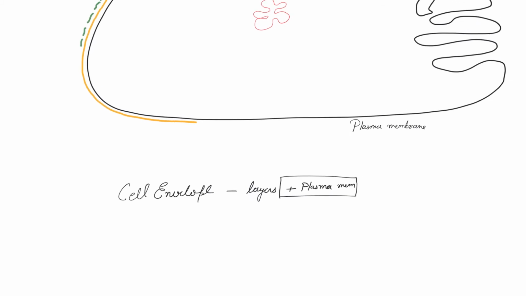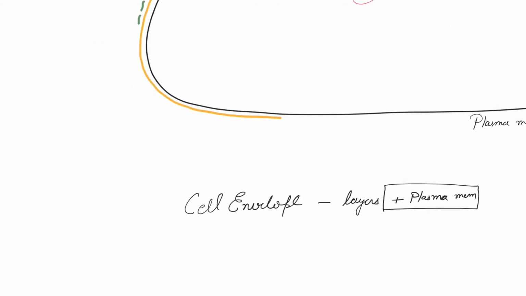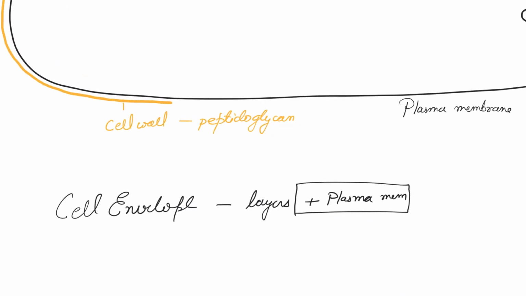So besides the plasma membrane, they have a cell wall. Now, this cell wall is not like those of plant cells. It's made up of a complex polysaccharide we call peptidoglycan. Peptidoglycan has sugar derivatives.